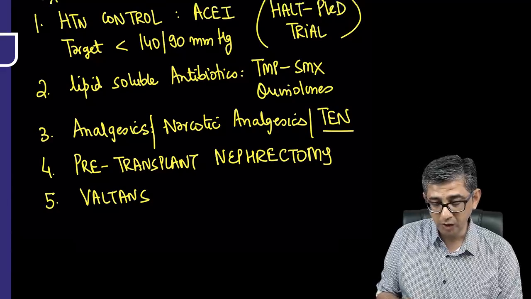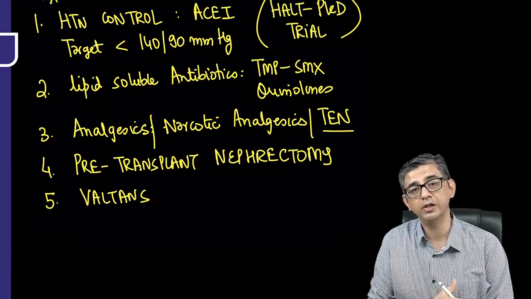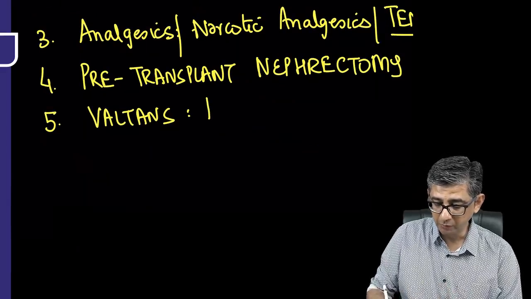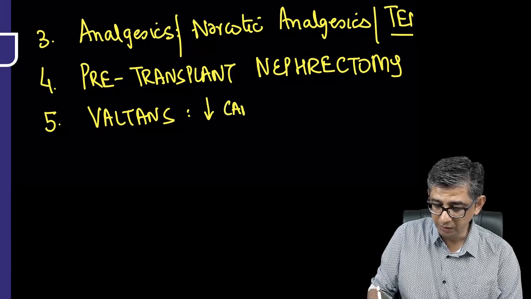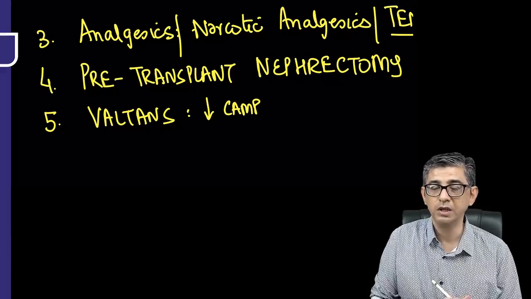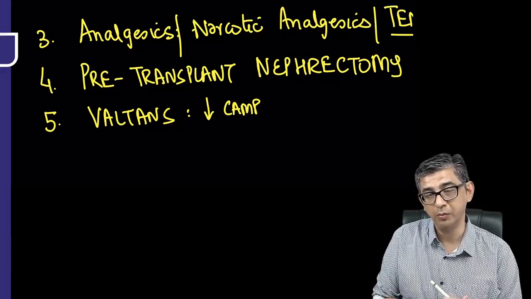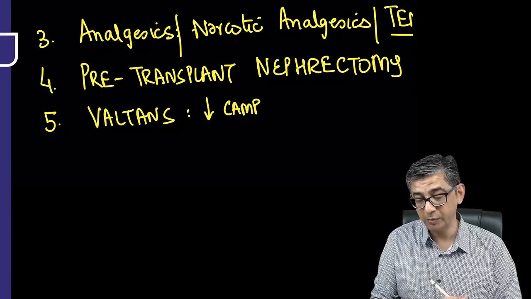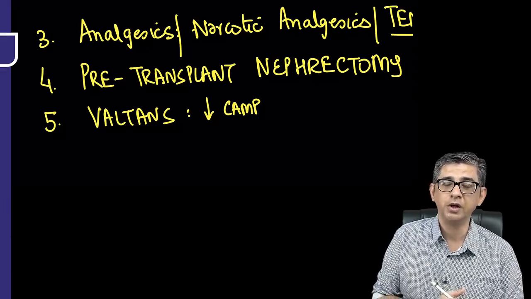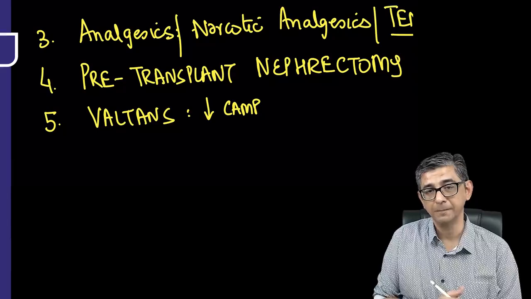So, in patients who are going to have a higher chance of deterioration, we tend to use Vaptans. The Vaptans act by inhibiting cyclic AMP production, and cyclic AMP was one of the villains, one of the signaling pathways. A G protein coupled receptor was ultimately causing increased levels of cAMP and causing proliferation and increase in the size of the cysts.